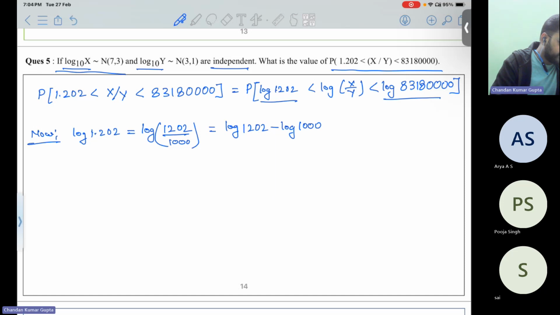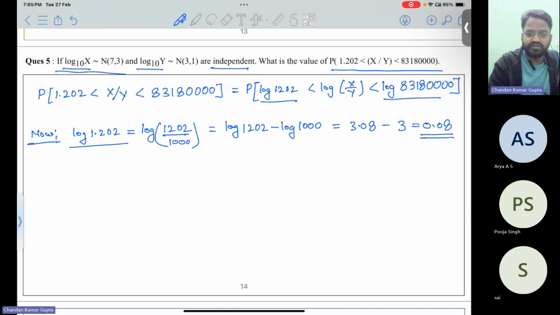We may calculate this with the help of log table, and the value of this is 3.08. You may calculate or see the log table, or even directly use a scientific calculator. So 3.08 minus 3 is equal to 0.08. So log of 1.202 is 0.08.